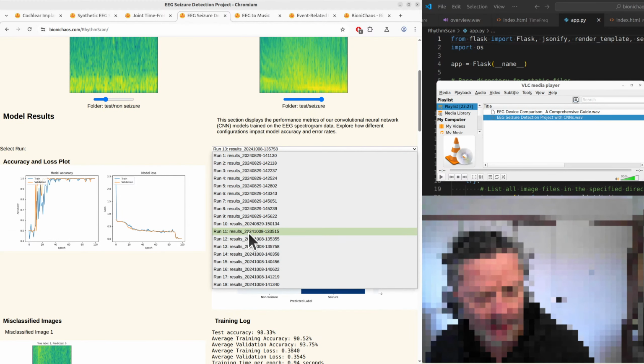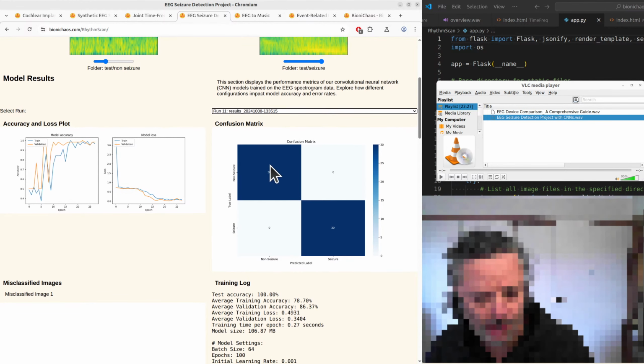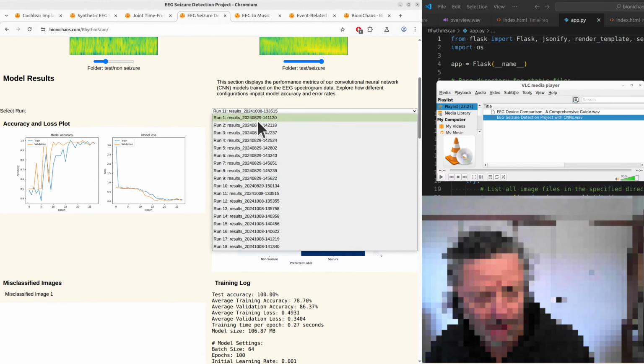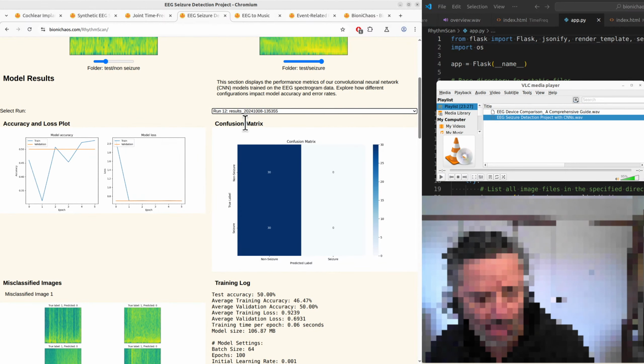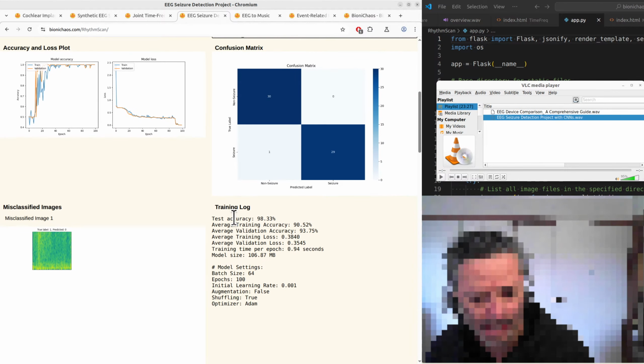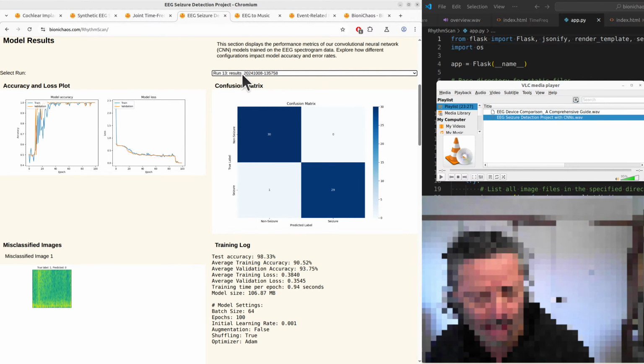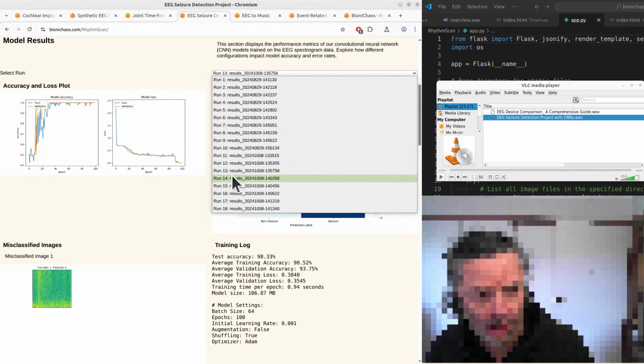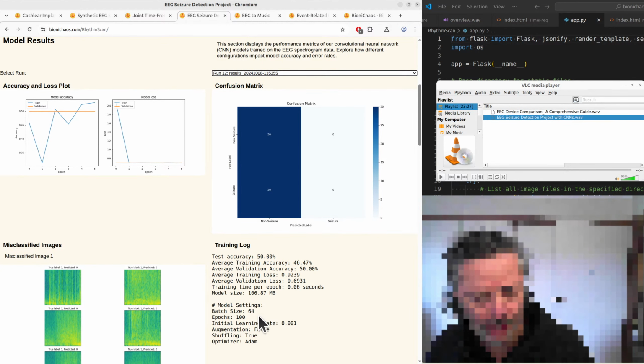Yeah, let me know if there's any questions. There was also an interesting distinction between run 11, run 12, and 13, I think, had exactly the same settings. Yeah, 12 and 13, exactly the same settings, but yeah, just something really bad happened.